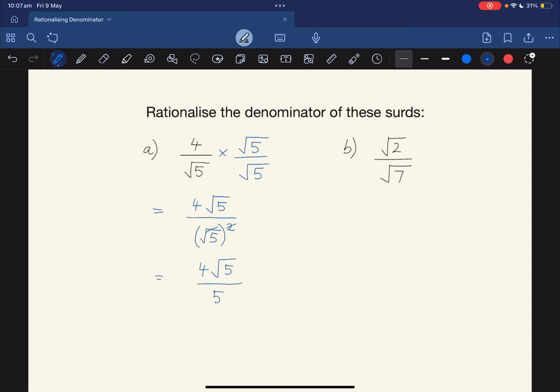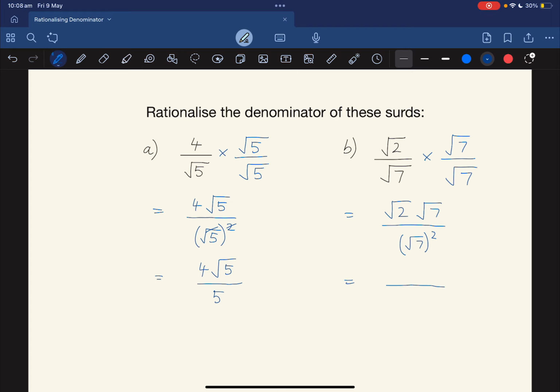Next one. Root 2 on root 7. Rationalize the denominator. Times it by the denominator on itself, or the root part of the denominator at least. So now numerator times numerator, denominator times denominator. Root 2 times root 7, and we don't even need that little multiply sign, and root 7 squared.